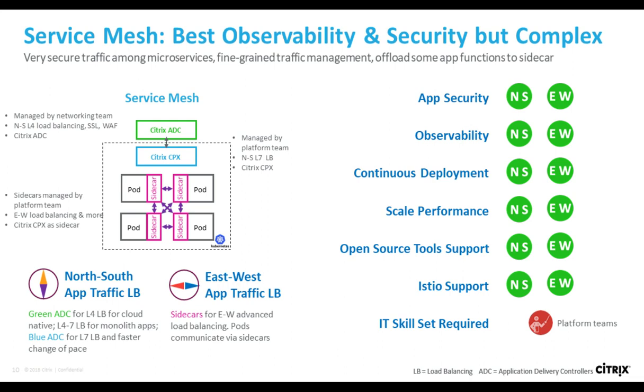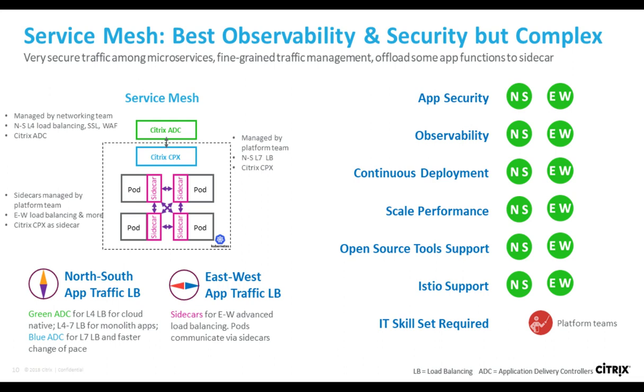And for that, we offer Citrix CPX not just as a container, but also Citrix CPX as a sidecar, which you can attach to each pod. And the traffic or communication between these microservices pods happens through the sidecar.